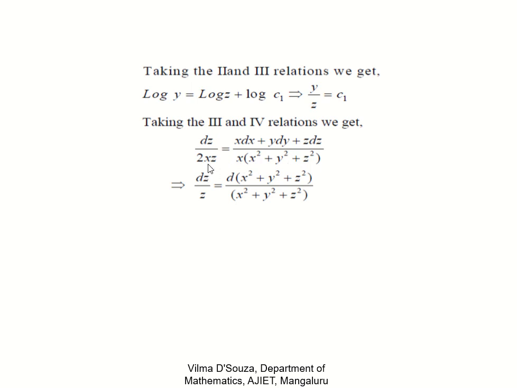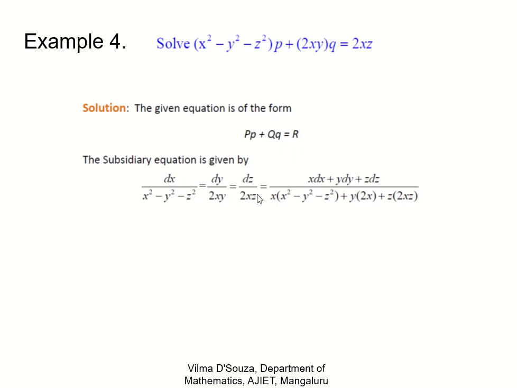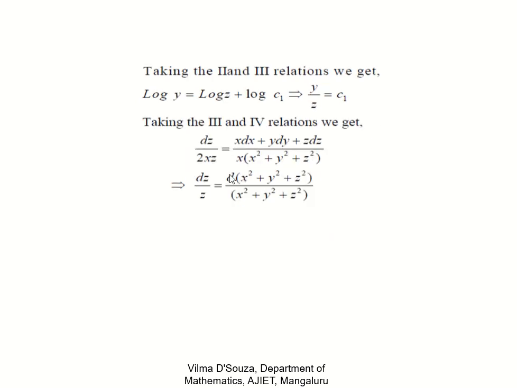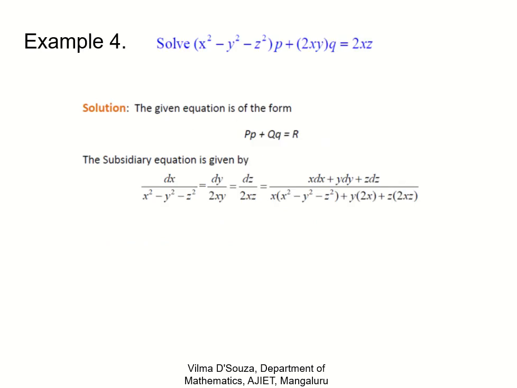So x is common on both sides, so x you can cancel. I think 2 is also common. Go back and see. Here if you take x out, you have x² − y² − z², and here you have 2xy, x out gives 2y², and x out gives 2z².